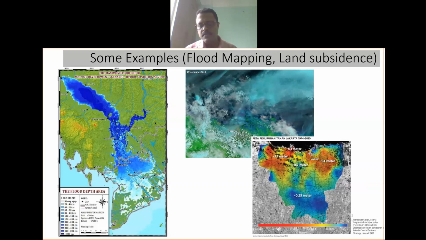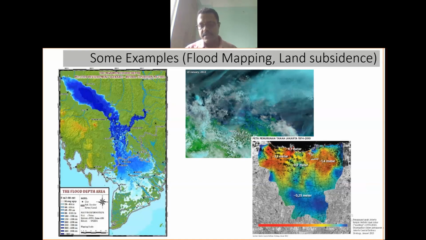This problem is very acute in places like Jakarta, and in places like Bangkok City, even in many cities in Japan. So remote sensing is being used to map how much the land is subsiding in the city of Jakarta.